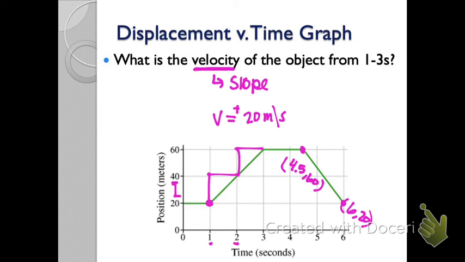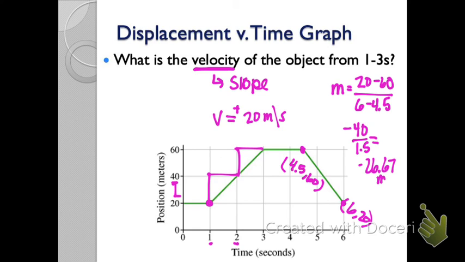Go ahead and calculate slope that way. So 20 minus 60 over 6 minus 4.5. Negative 40 over 1.5. And that gives me a value of negative 26.67 meters per second.